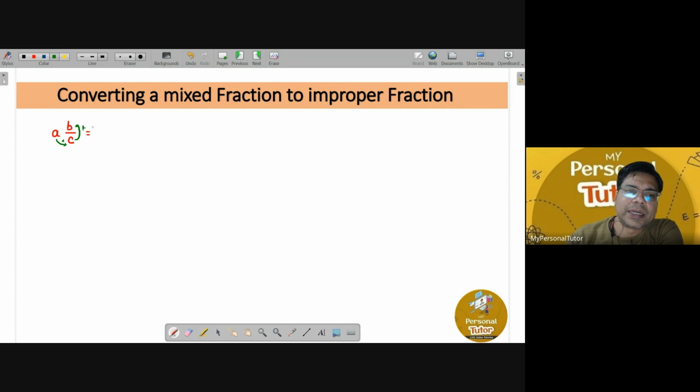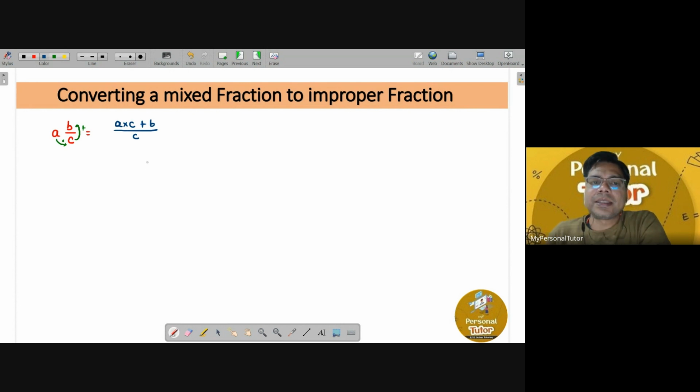Are you getting it? I repeat once again, whatever the integer is here, you have to multiply it with the denominator part, that is c. So it is ac, and then you have to add b to it. So I'm writing here: a gets multiplied with c, and then you add b, whole thing divided by c.